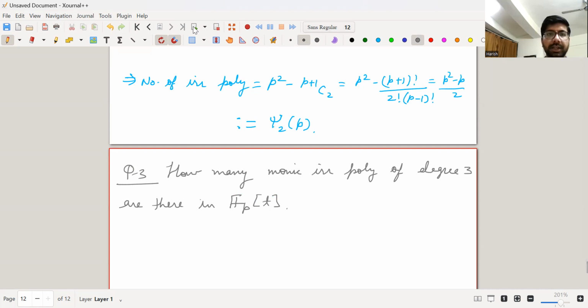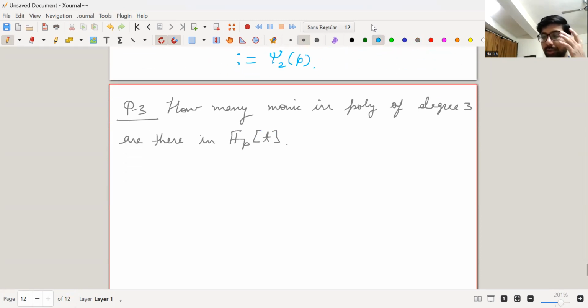So here the situation becomes a bit tricky, because even if you don't have a factorization into linear factors, still it may be reducible. Why? Let me first say something.